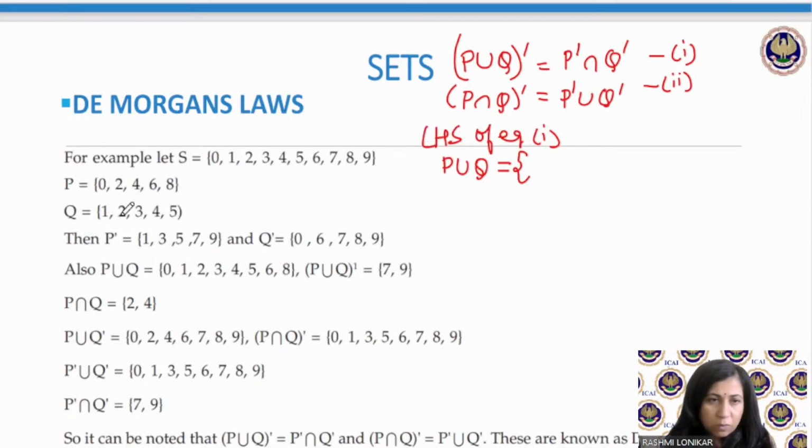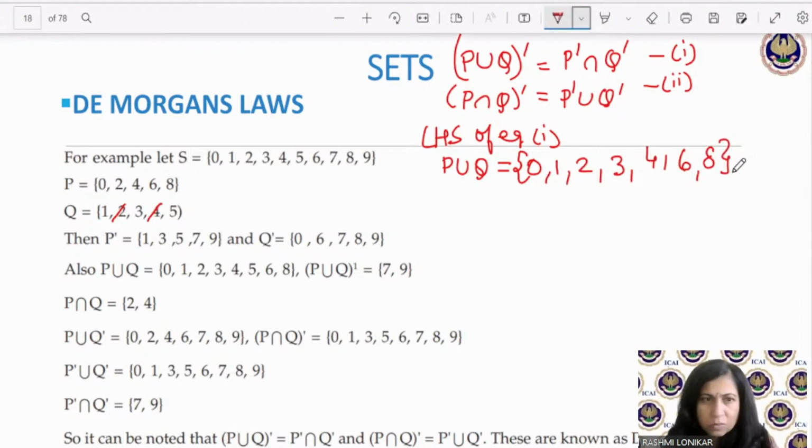Whatever is common, see 2 is common, so I will put a small cross. 4 is common, I will put a small cross. Whatever remains, I will write it down. So P union Q will be equal to 0, 1, 2, 3, 4, 6, 8.